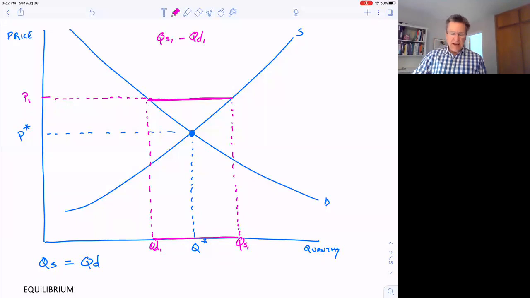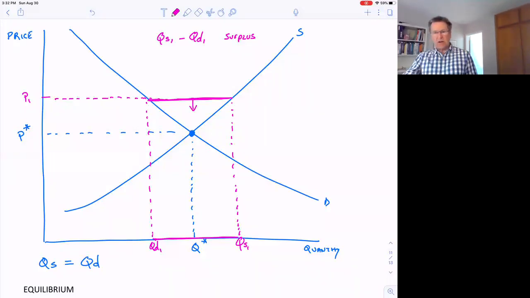More is being supplied than people want to buy, and that is known as a surplus. If there's a surplus in the market, that means sellers are making things they can't sell. And there's some pressure on them to lower their prices. So prices start to fall towards equilibrium.